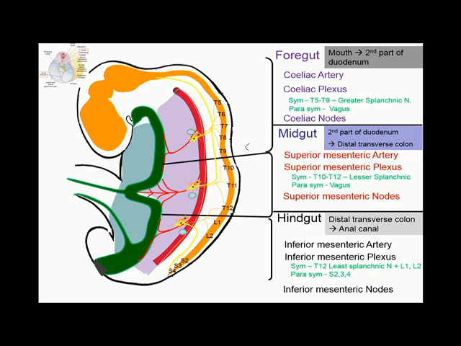Is that clear? Okay. So these are the main groups of lymph nodes draining different parts of the GI tract: celiac, superior mesenteric and inferior mesenteric. But please remember, there are other intermediate nodes. For example, that's the intestine or GI tract, and that's the mesentery, and you get these blood vessels running inside the mesentery, right?